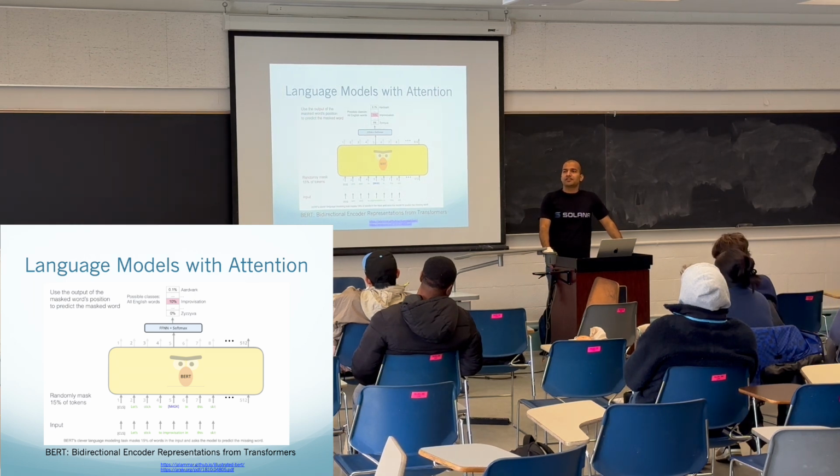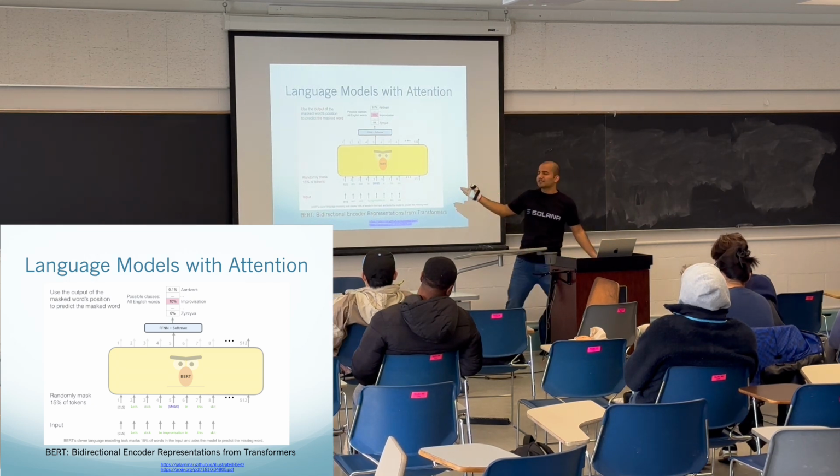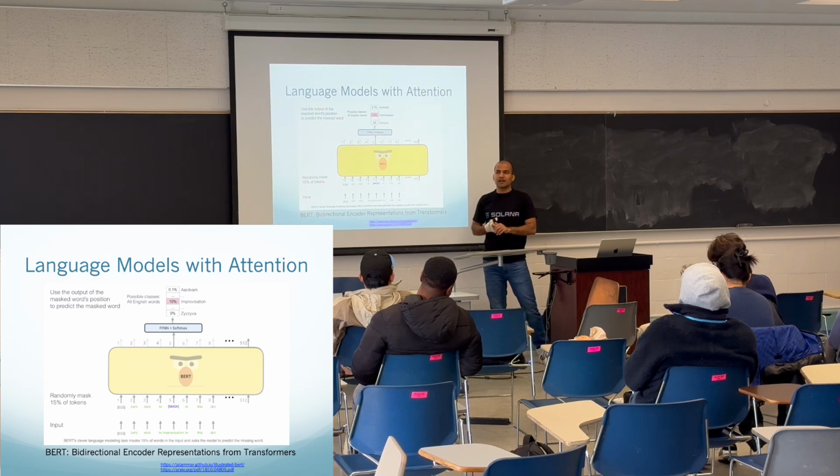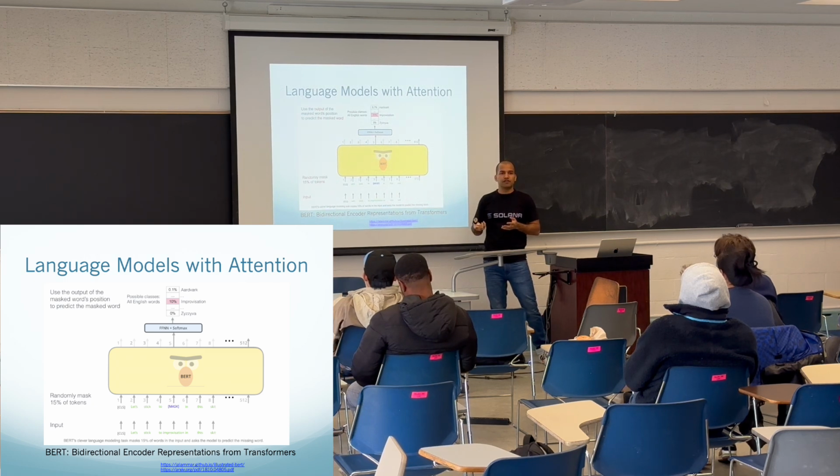Yeah, I mean it has that flavor, but it is not like that. This is more like how you structure the training or how you define the self-supervised learning objective. You are randomly removing 15% of the tokens and asking it to predict.